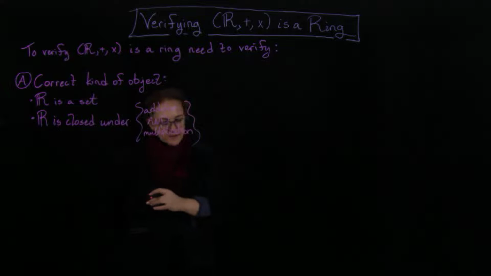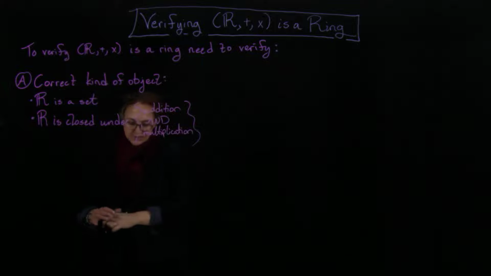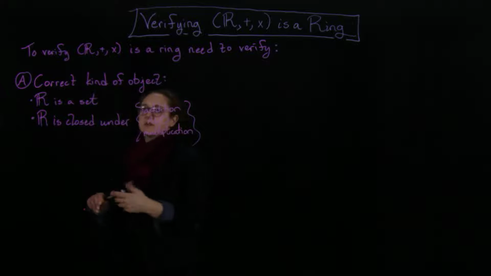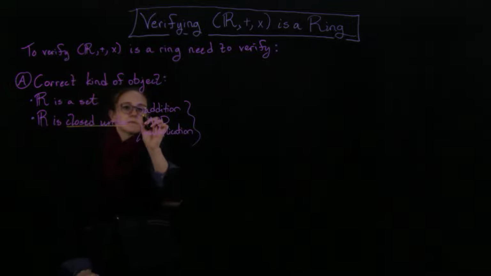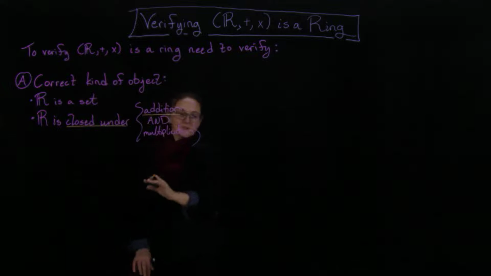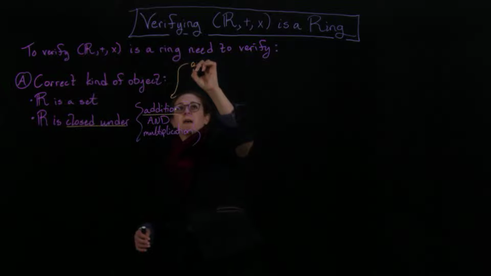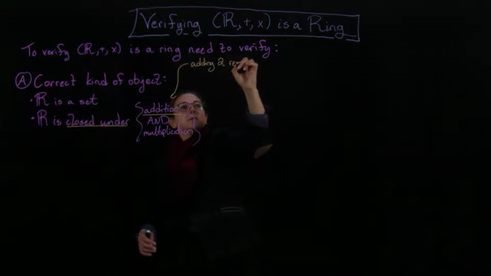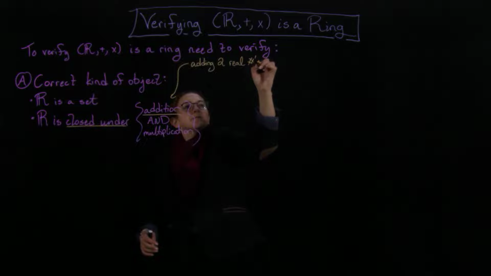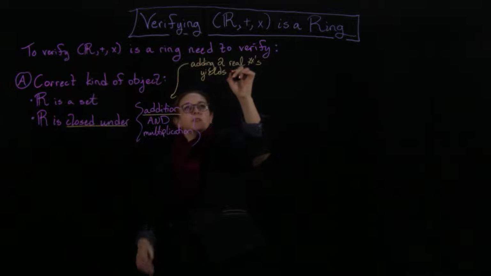Right? So what does that mean? Okay, so what does it mean to be closed under addition? This means when I add two real numbers, I get a real number. Adding two real numbers yields a real number. Like the output is a real number.